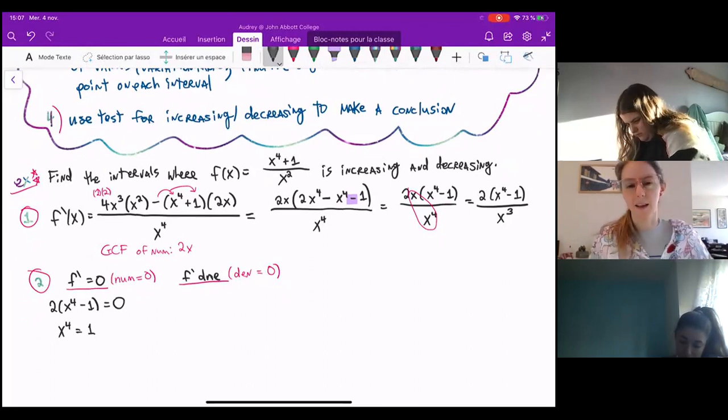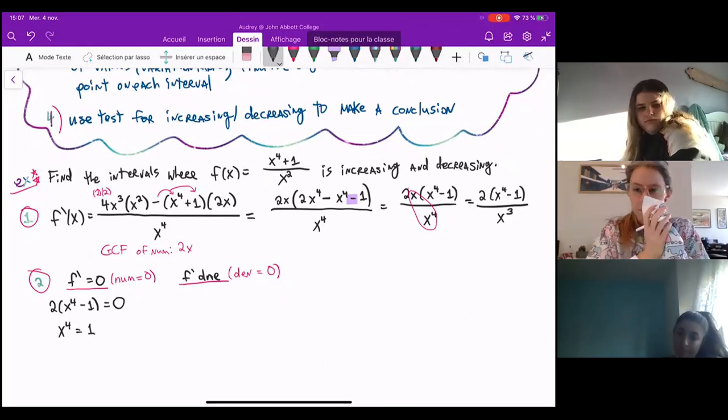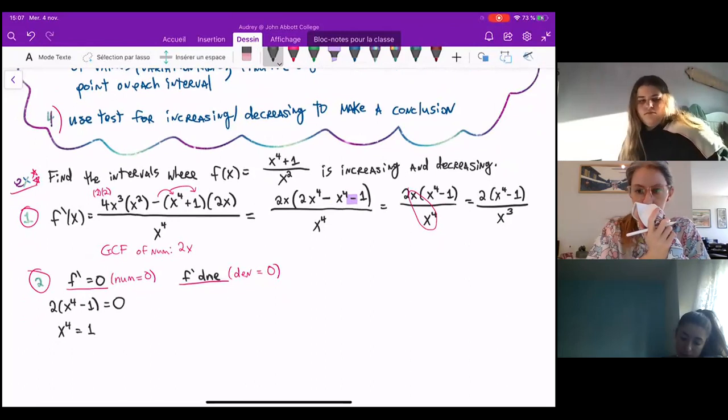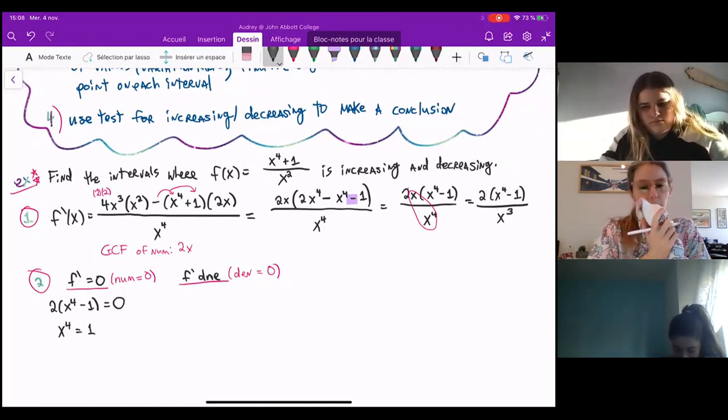What values is that going to give? When does x to the fourth equal 1? Definitely a positive 1. What's negative 1 to the power of 4?